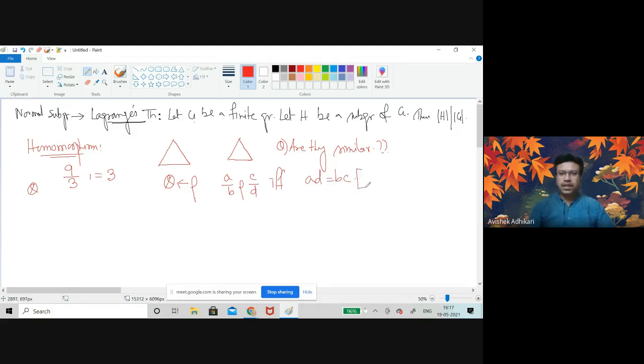We know that this is an equivalence relation, and as a result, it makes a partition on Q. Here, half and 2 by 4 are similar because they satisfy this property. Half can be thought of as a leader of this set: half, 2 by 4, 3 by 6 are all similar. So an equivalence relation on a set may also induce some kind of similarity.